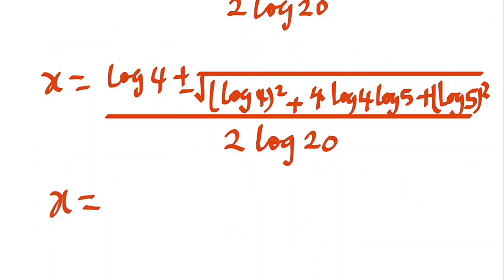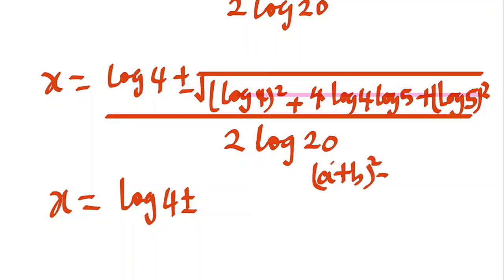x equals log 4 plus or minus. Now if you look at this here, that is a perfect square quadratic. That is when you have something like a plus b all squared, which will give us a squared plus 2ab plus b squared. So that is what we are going to use there. So a is going to be log 4 and b is going to be 2 log 5.